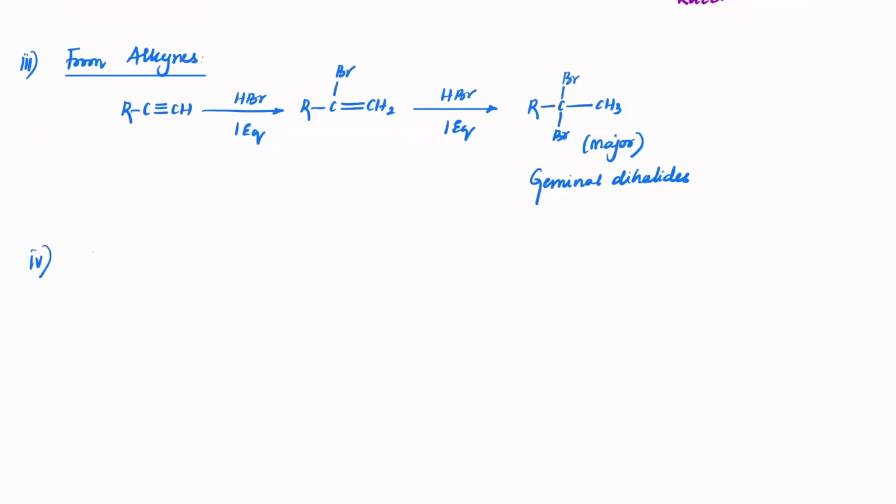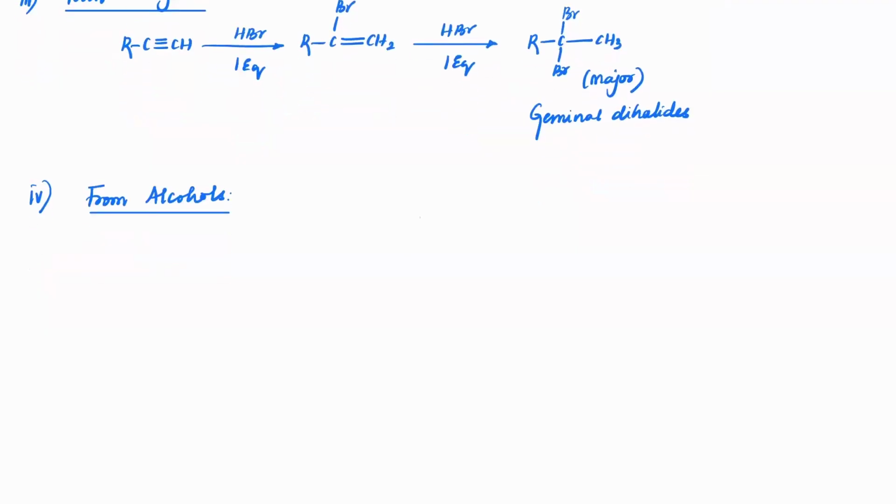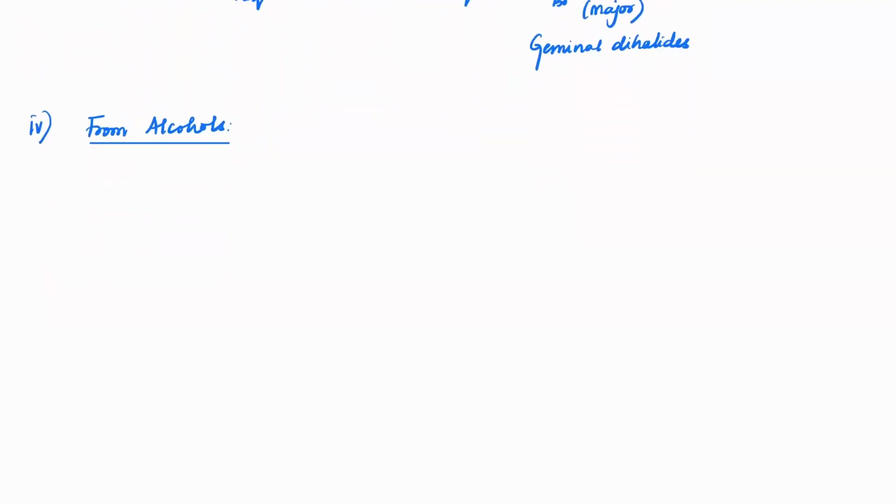Fourth, you can see from alcohols. In fact, alkyl halides mainly are prepared from alcohols, everybody. Got it? So alcohols will undergo a range of reactions when it comes to alkyl halides. The first thing you need to understand is, we'll individually check, first with concentrated HCl.